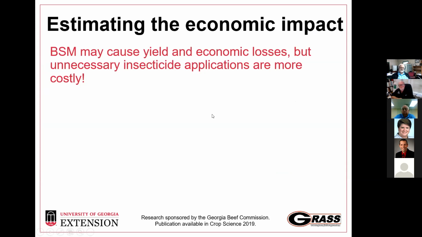And that gets to the whole notion of knowing the threshold of any pest, where the damage or the loss exceeds the cost of whatever the intervention is, if it's a herbicide or an insecticide or even some kind of management input.